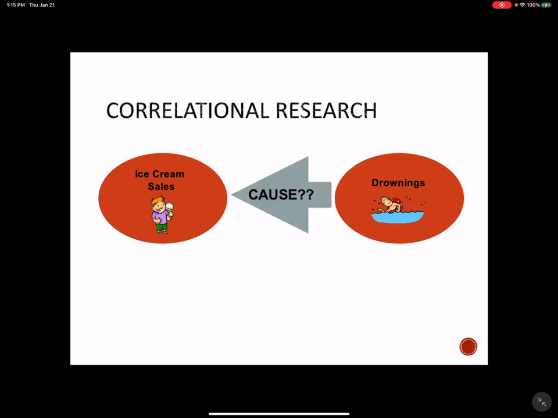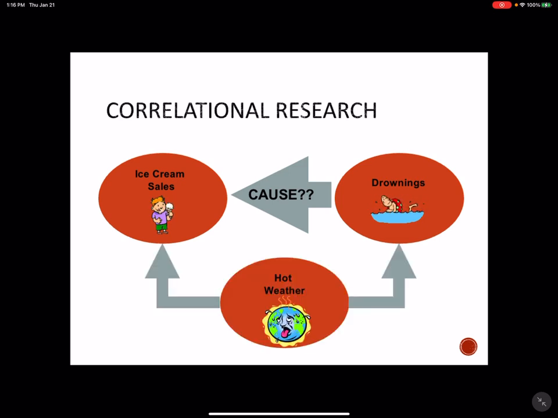Could it be that drownings cause ice cream sales? People's friends could be drowning and then they get all depressed and they eat a lot of ice cream? Possibly, but more likely it's a third variable, which is hot weather. Hot weather is related to ice cream sales and hot weather is related to drownings. So it appears to the casual researcher that ice cream sales and drownings are related to each other.